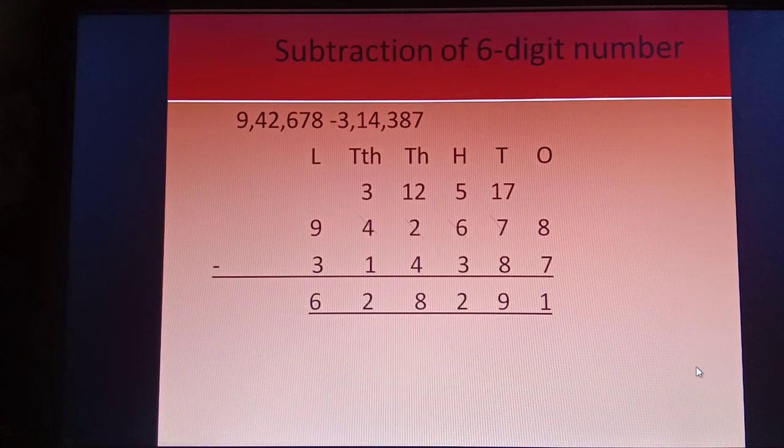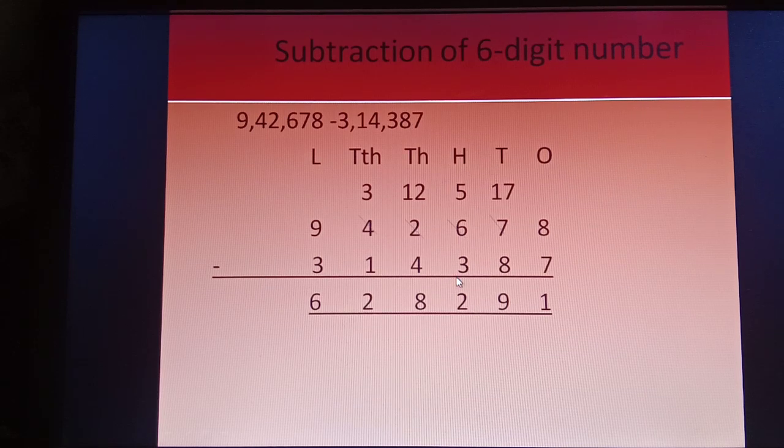Now there is one example I have taken, that is 9,42,678 minus 3,14,387. Again we have to arrange them place value wise, then write first the minuend number which is the bigger number, and then the smaller number, that is called the subtrahend.